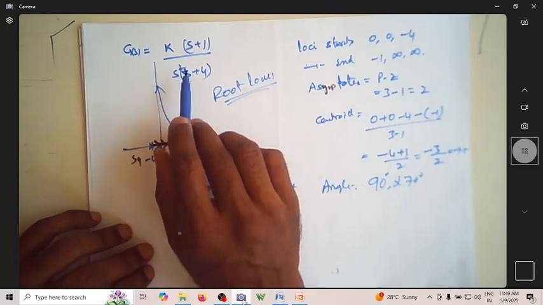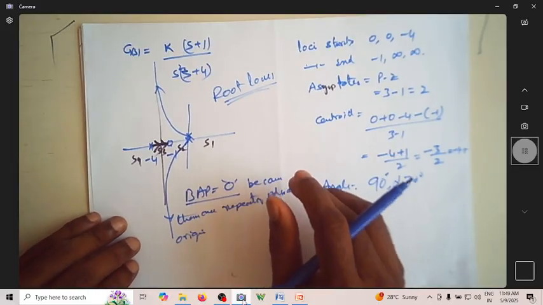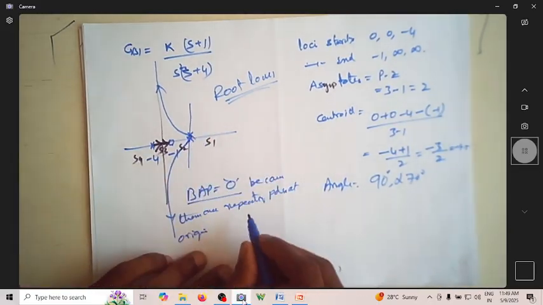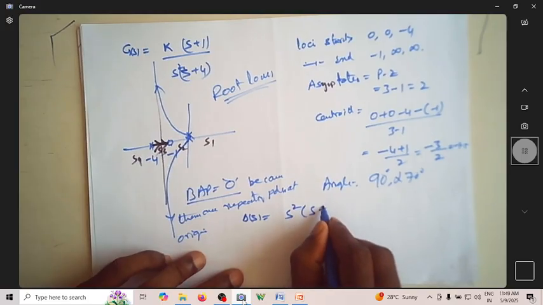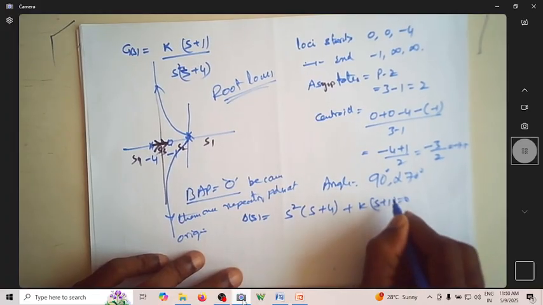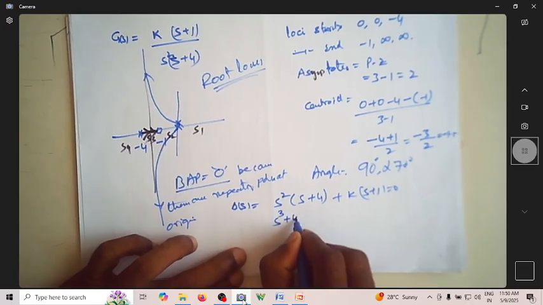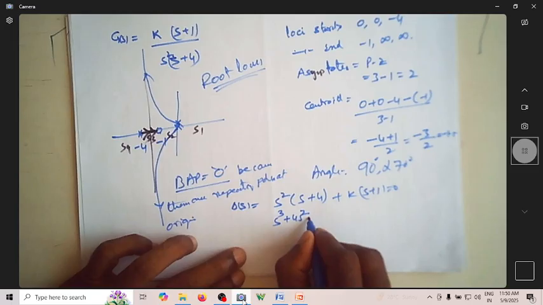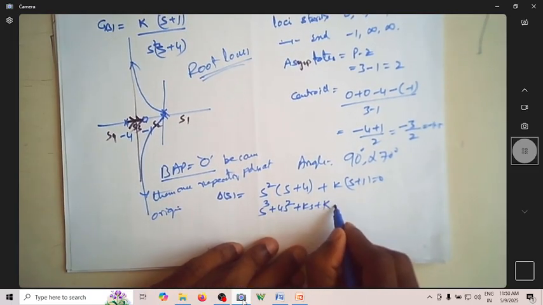To verify, if you find out the value of k, you will have an absolutely stable system. So if I write del of s, it is s square into s plus 4 plus k into s plus 1 equal to 0. Then this will become s cube plus 4s square plus ks plus 1 plus k equal to 0.